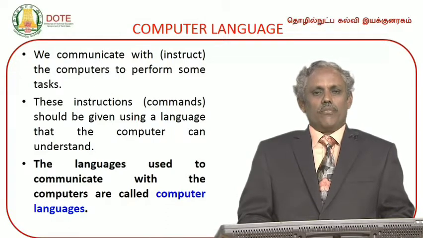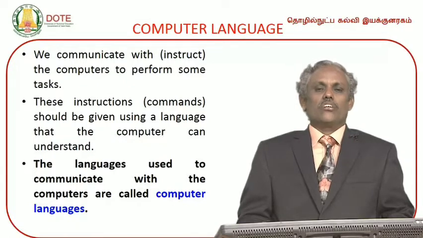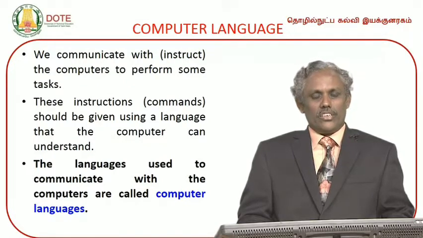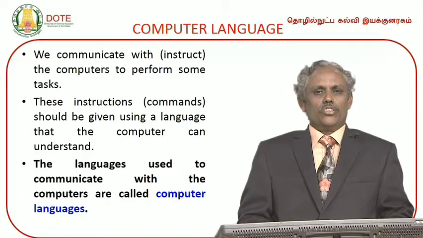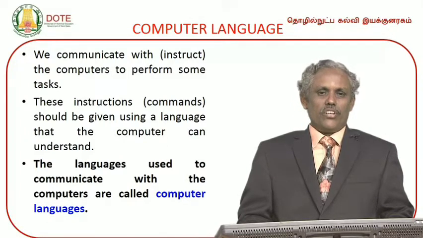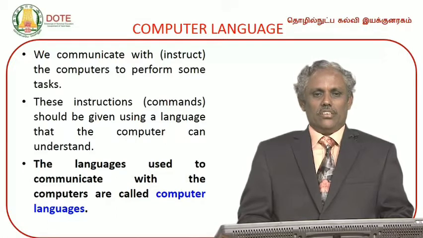We understand Tamil or English or Hindi, but the computer cannot understand those natural languages as they are. So, we use a special type of language which is called a computer language. The languages used to communicate with the computers are called computer languages.